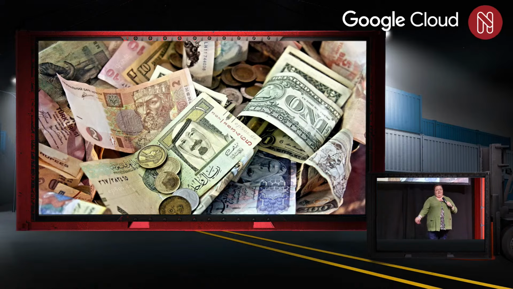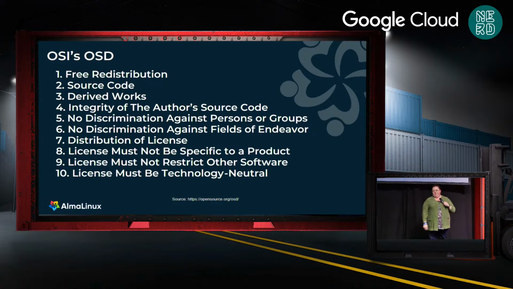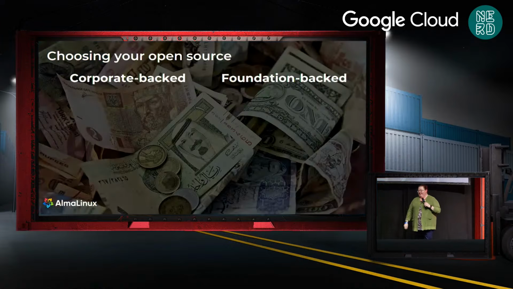We can't magically set up build pipelines without money. It's got to be somewhere. This definition also does not address money, right? There's no mention of how it's monetized in any way. So it has to be something that we consider outside of this, and outside of those guides, and everything else.